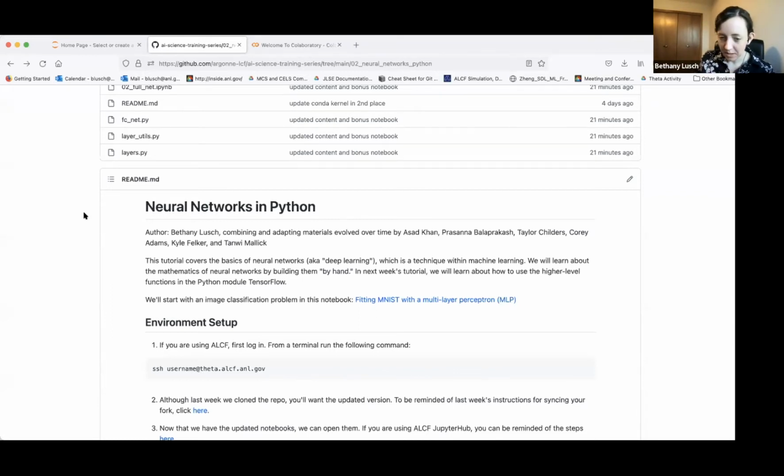This week, we're going to build up the understanding of neural networks by going through the math and writing it out by hand, in the sense that we're just going to use NumPy. And next week, you'll learn how to do deep learning with nicer Python packages like TensorFlow, so you have higher level functionality, and a lot of these details you don't have to implement yourself.